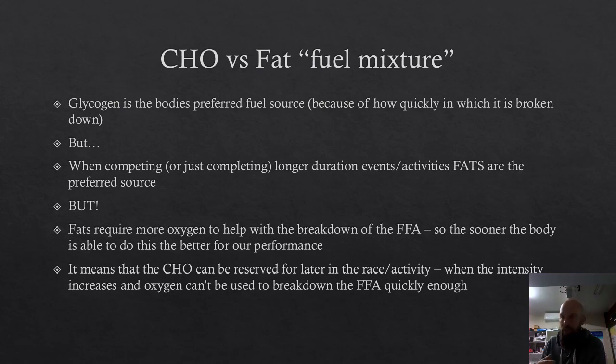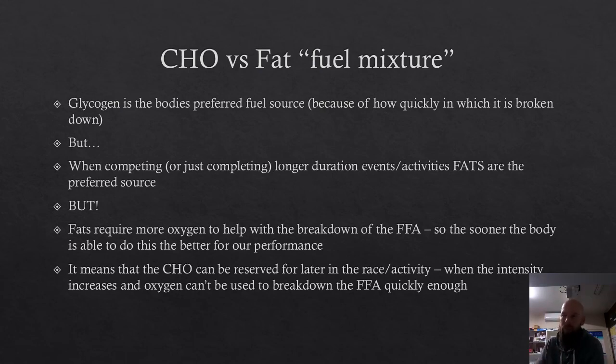So the sooner we can train our body to do this, it means that we can use the carbohydrates later on in the race or the event, when the intensity gets to that higher level. So the body can work at that higher intensity for longer.